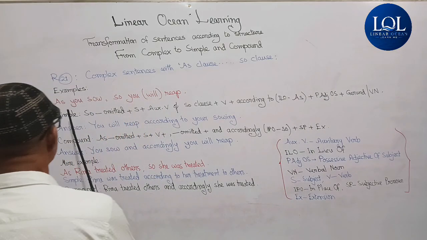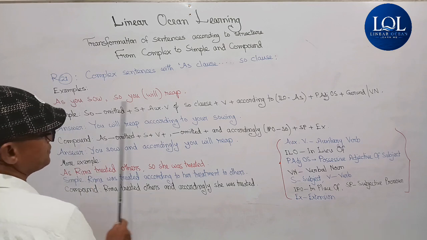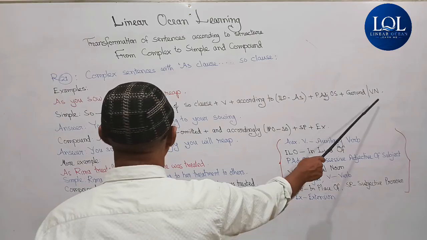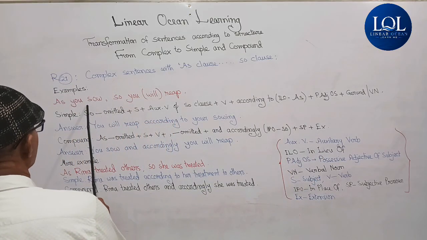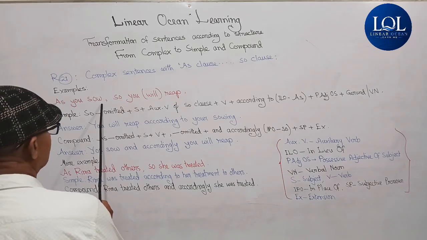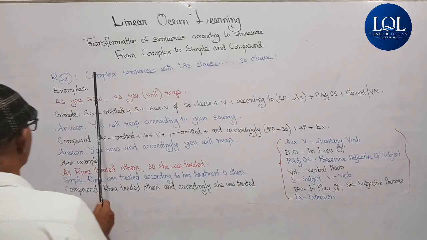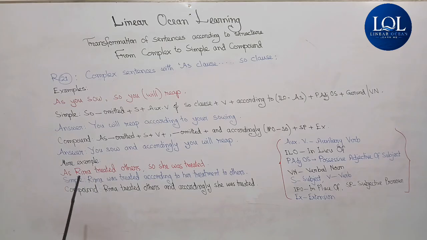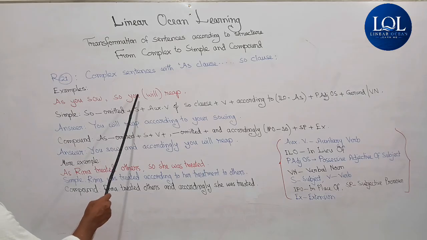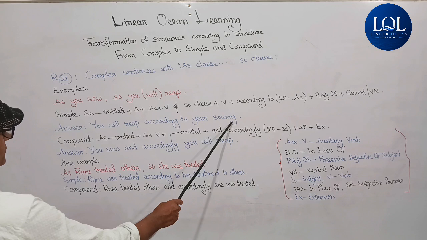Here the subject is you and its possessive adjective is your, plus gerund or verbal noun. Here the verb is sow and its gerundial form is sowing. If we follow the structure, the simple sentence we get is: You will reap according to your sowing.